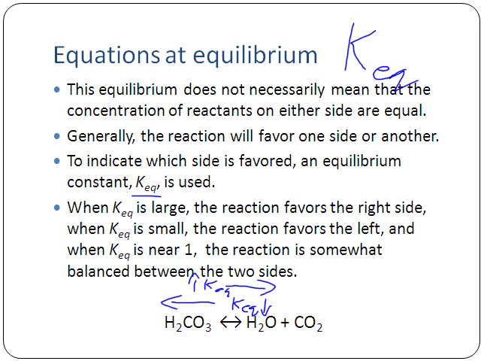Even a Keq of something like 6 or 8 or 0.2, we consider to be near 1. And so it's considered a relatively balanced reaction in terms of the concentrations. So by looking at Keq, you can tell whether a reaction is going to favor the right or the left. If it favors the right side, Keq is large. If it favors the left, Keq is small.